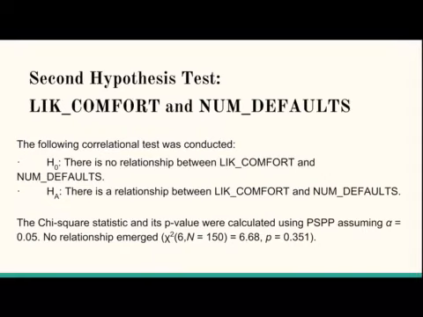The chi-square statistic and its p-value were calculated using PSPP, assuming alpha equals 0.05. No significant relationship emerged. And here is the data that we received. Chi-square, df is 6, n equals 150, which equals the value of 6.68. Our p-value is 0.351.